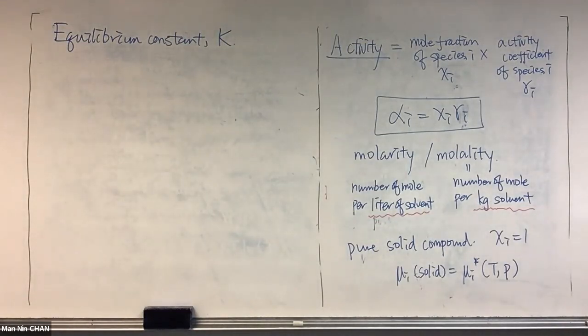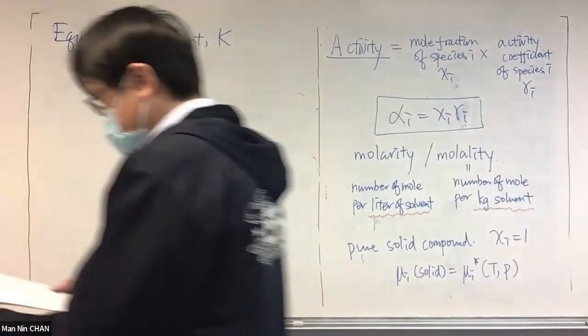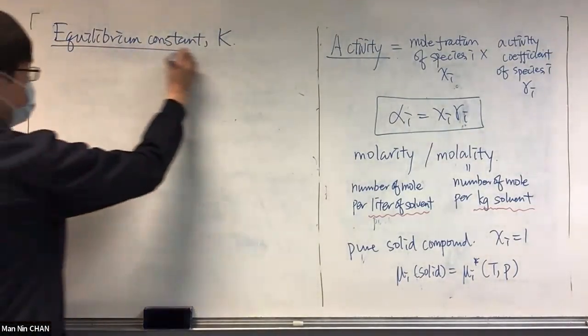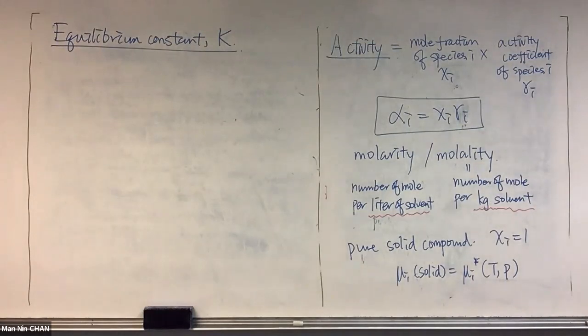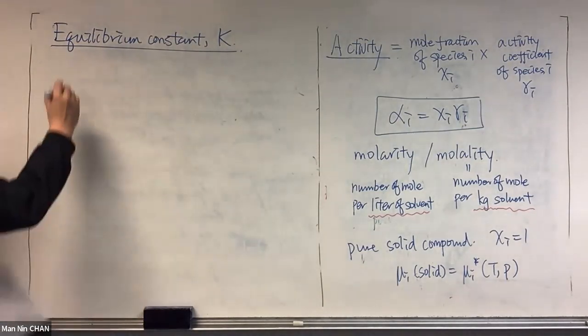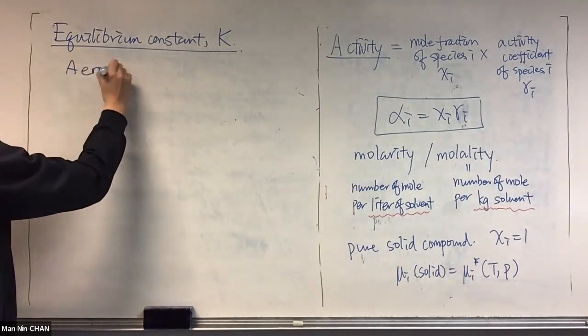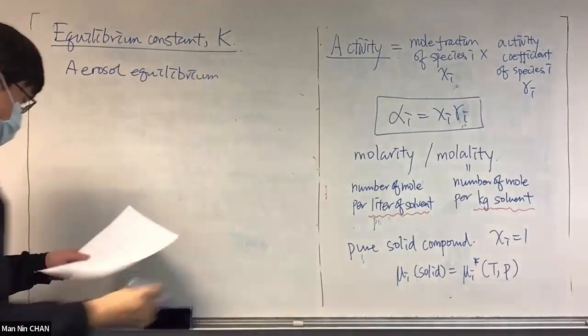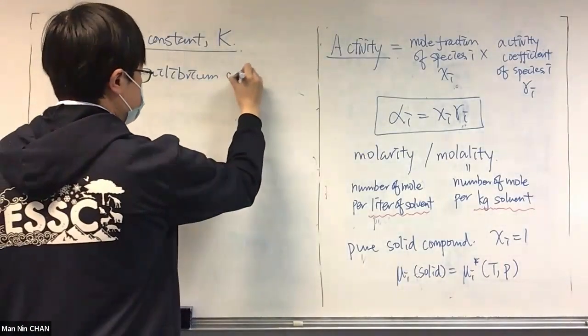But how you can link this to the chemical potential, or what we talk about the Gibbs-free energy equal to 0. So this is also relevant to the aerosol chemistry, because most of the time, for some of the reaction or the gas particle partitioning, we always talk about some equilibrium. Okay. So let's say we try to look at some aerosol equilibrium calculation. Okay.